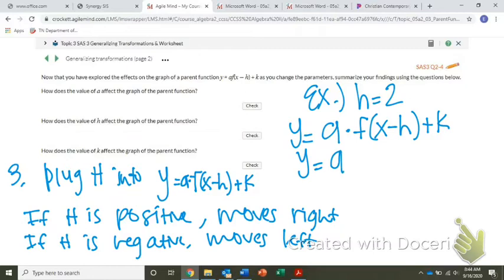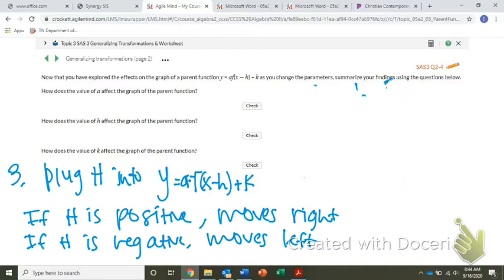Y equals a times f of x minus 2 plus k. All right, so here is where your brain might get a little confused. When you see an x minus 2, your brain's probably thinking, oh, I move left. But that is not right because h is positive, okay?